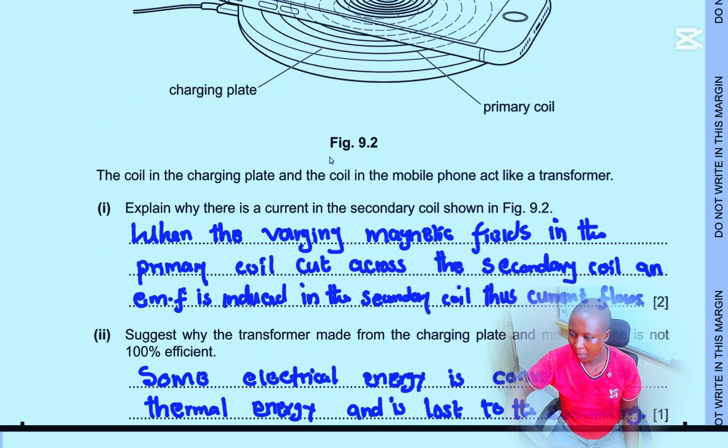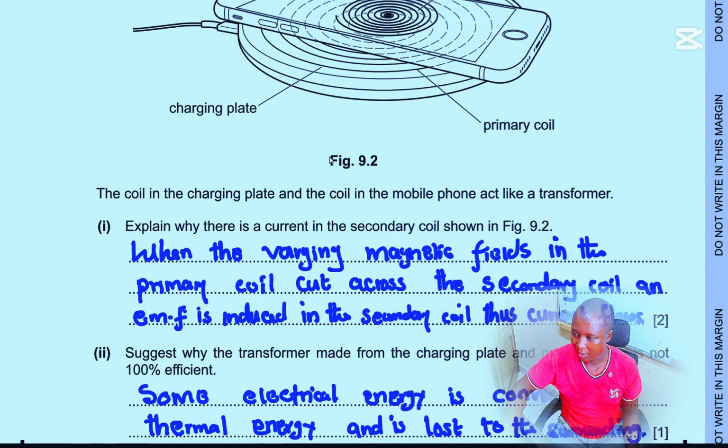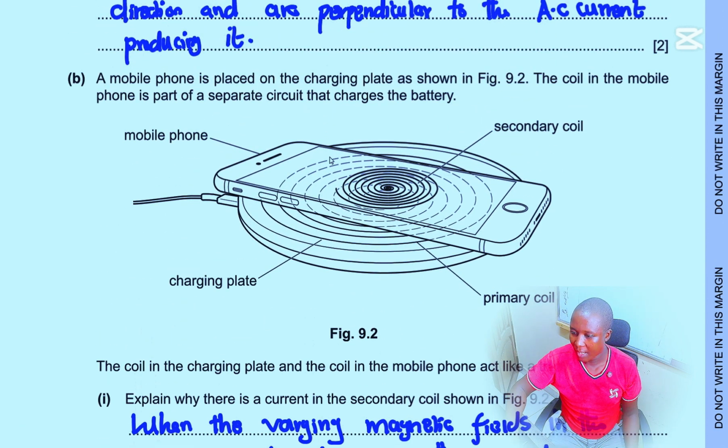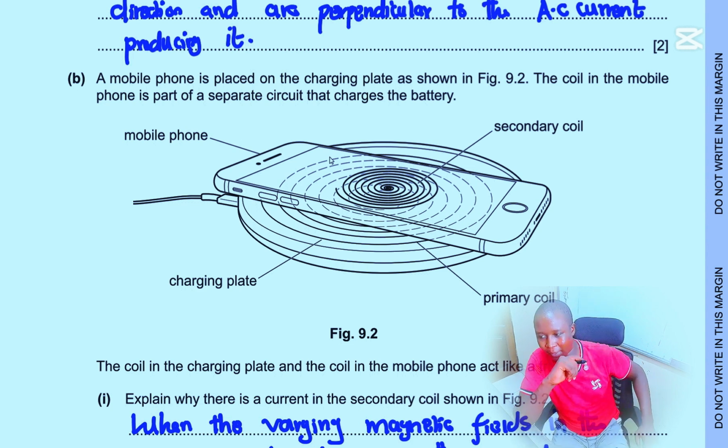We are supposed to explain why there is a current in the secondary coil. Now we have a primary coil, and then we have a secondary coil. Remember, I promised you that I'm going to explain how a transformer works, but this is almost related to that. So let me just explain this first.